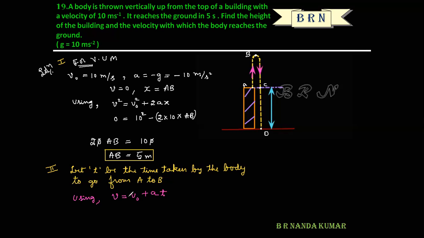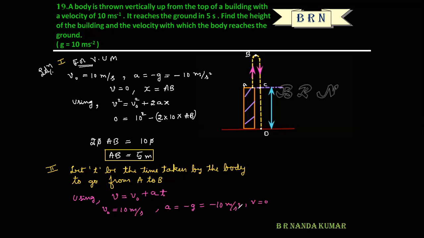So for vertically upward motion, the initial velocity is 10 meter per second. A is equal to minus G, so this is minus 10 meter per second square. And the final velocity V: if the body reaches the point B, its velocity becomes 0.